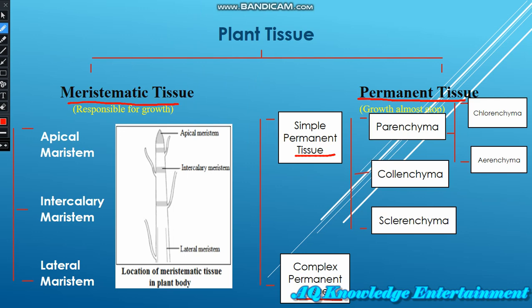There comes a time when it changes into the permanent tissue, meaning that it takes up a permanent shape, size and function. What is that process called? It's called differentiation.